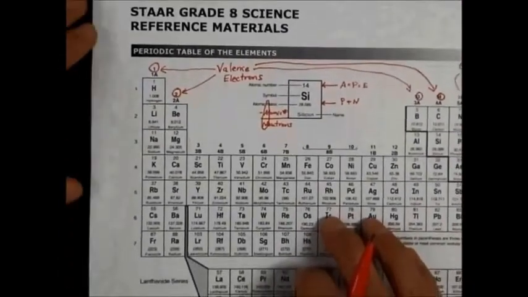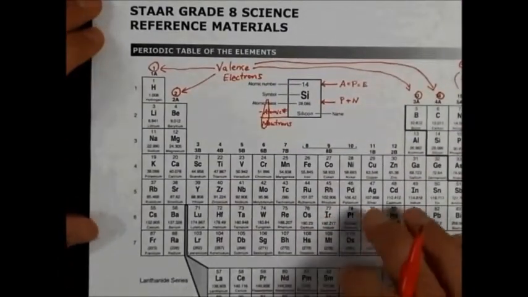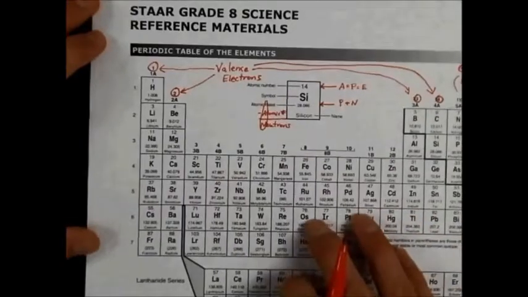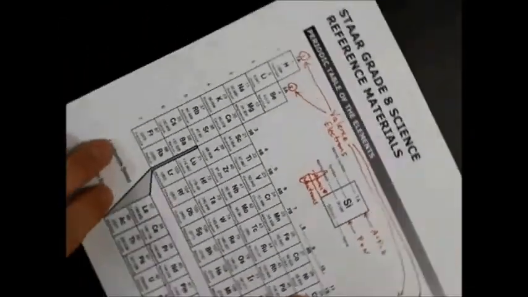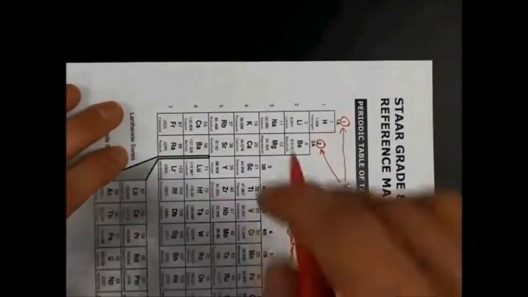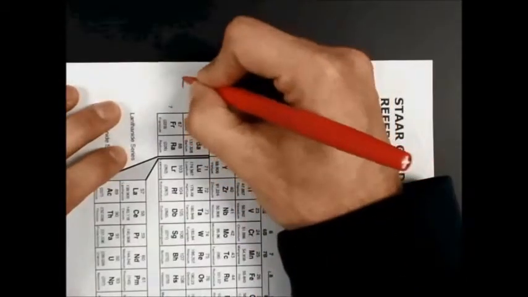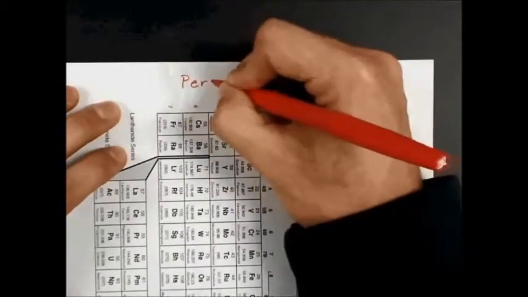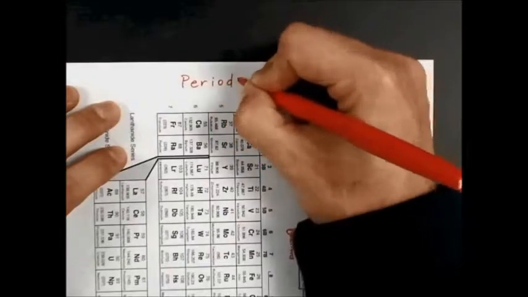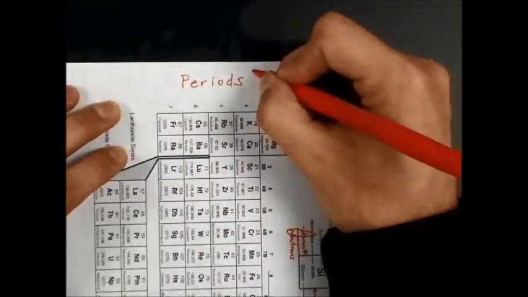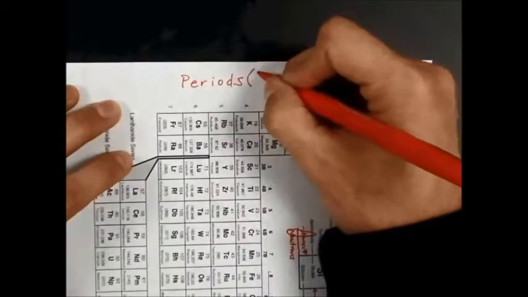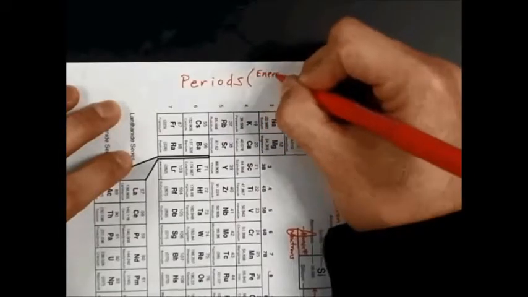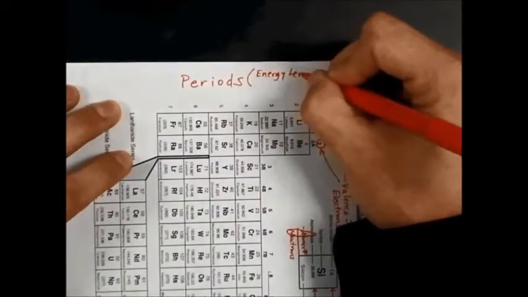These are the horizontal rows going across the periodic table, and they tell us a couple of different things. They tell us the number of energy levels, or the number of energy shells in an actual Bohr model. So I'm always going to label periods across the side here. I'll put in parentheses energy levels and energy shells.